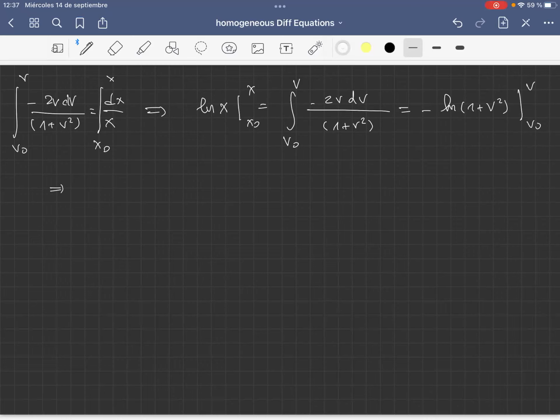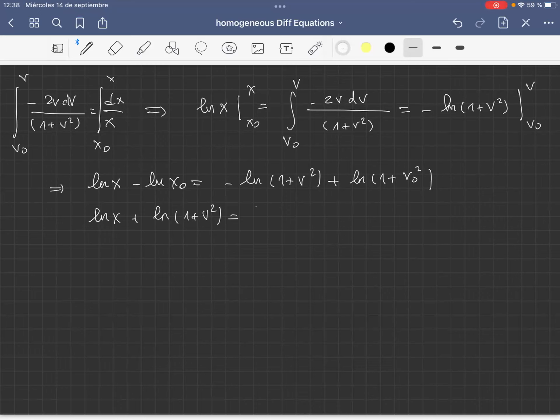Okay, so we have the logarithm of x minus logarithm of x0. It's minus logarithm of 1 plus v squared plus logarithm of 1 plus v0 squared. Okay, so realize that here we can put all the dependence on variables, and here we can put all the constants.